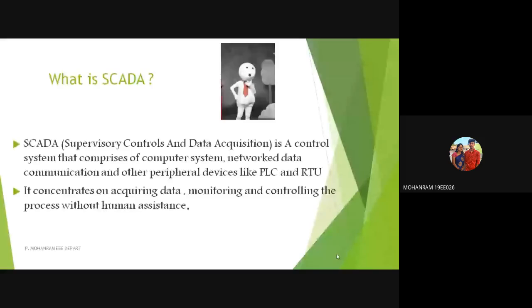First of all, what is SCADA? SCADA is nothing but a control system which can monitor the system by collecting the data from the process. It is a software, and it also has some hardware elements like PLCs and RTUs, which we are going to see in upcoming slides. It is also programmed by languages like C++ and other derived languages.